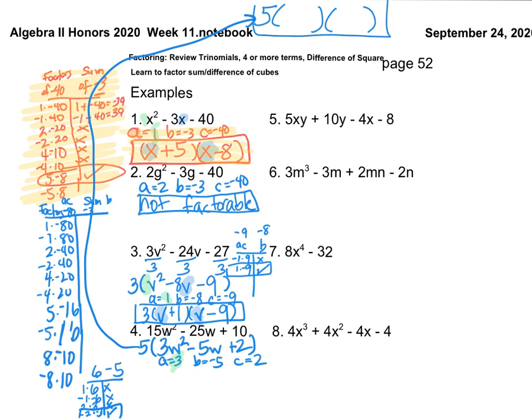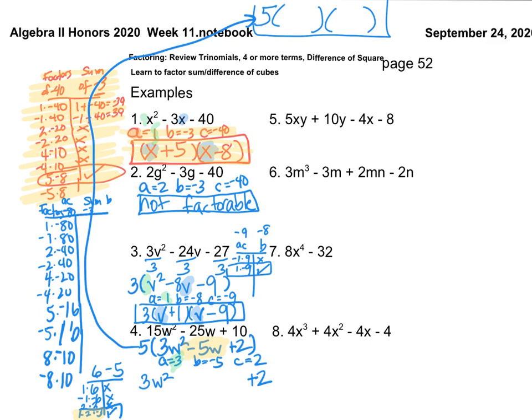Okay. What you do is this. You keep your first term, 3w squared, and your second term, plus 2, the same. Your middle term, this negative 5w will be replaced with negative 2w and negative 3w.